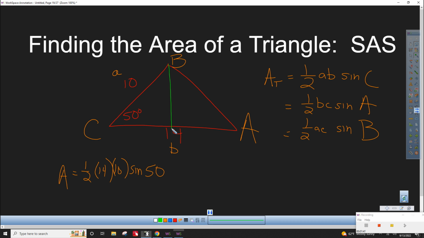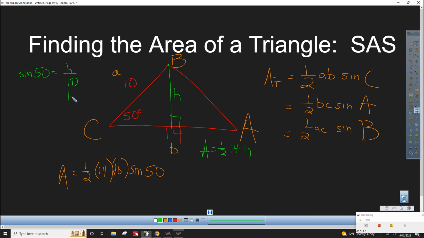I thought the area of the triangle would be 1/2 14 times h. Well, what is h? Let's take a time out. Well, I know that sine of 50 is h over 10, right? Look at that triangle on the left.